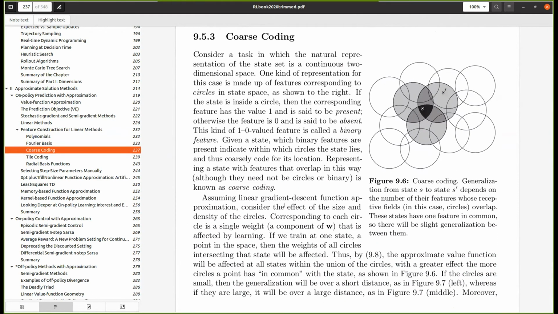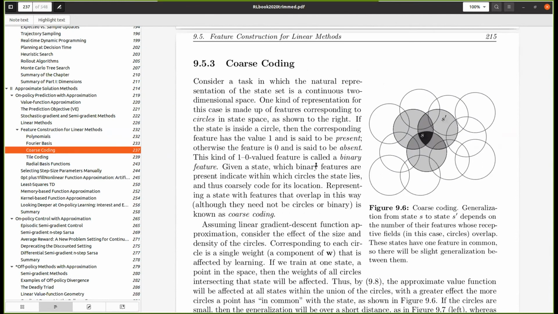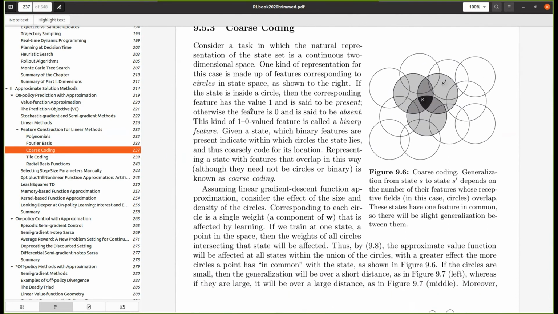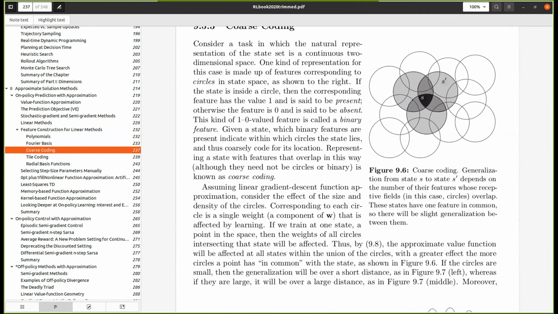Okay, so now we can move to the next way to encode the features. And this is another very popular approach, which is called coarse coding. And here you can imagine we have some 2D state space.